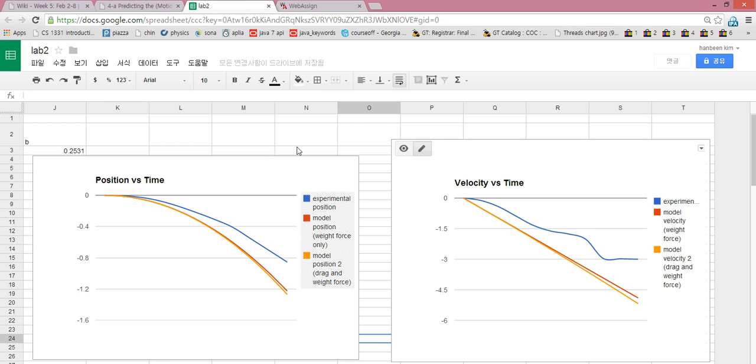Therefore, in my opinion, the drag force doesn't act as much if the ball is falling a little distance. If the ball is falling from a high distance, and if it is bigger in shape or volume, then drag force will act upon the system much more than on just a tennis ball or a small mass or small system. Thank you.